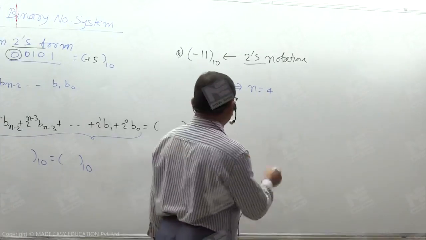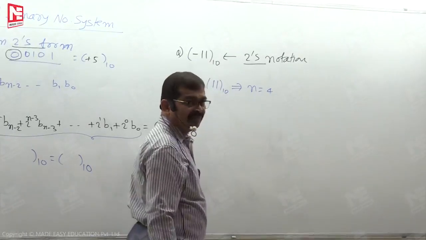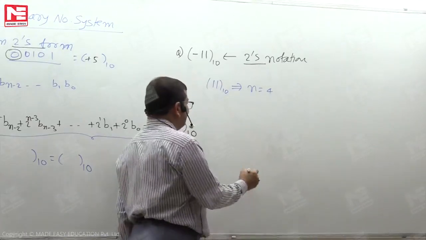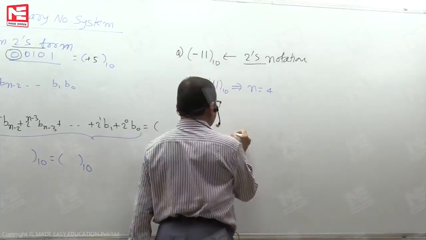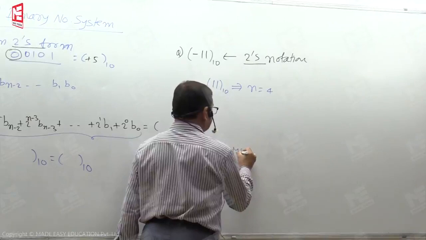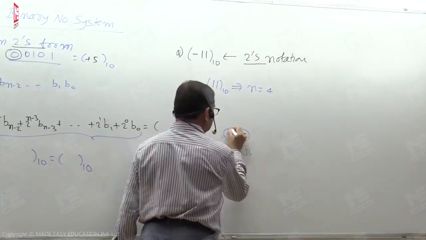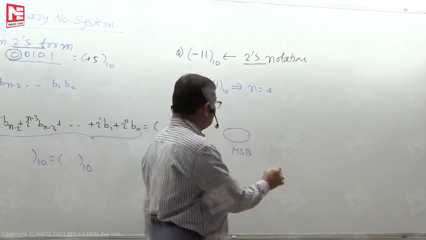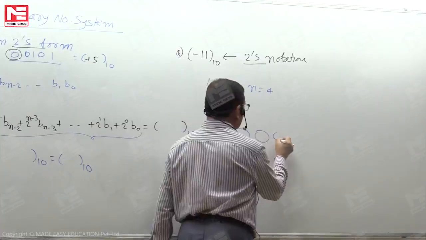Based on this, when I write this number, there is an MSB bit, and to the right side of this MSB bit we need to have 4 bits.